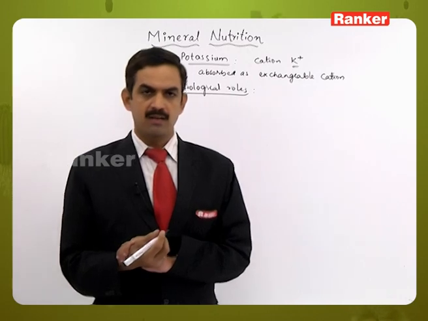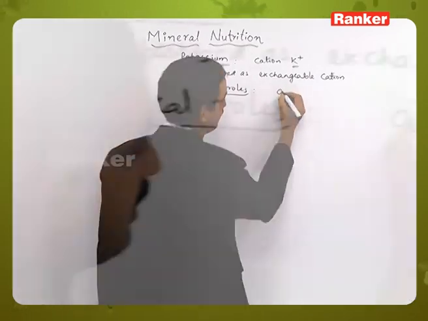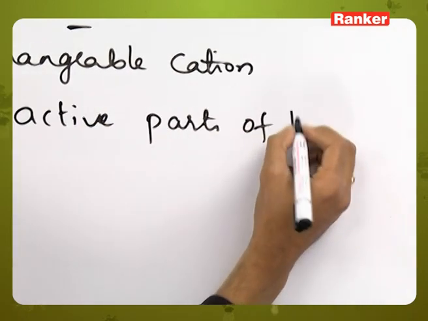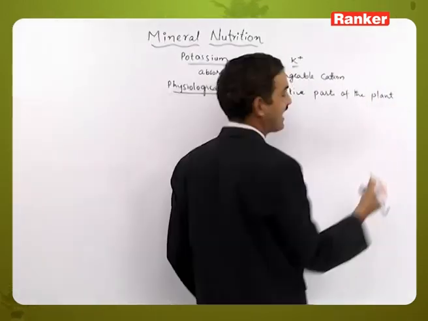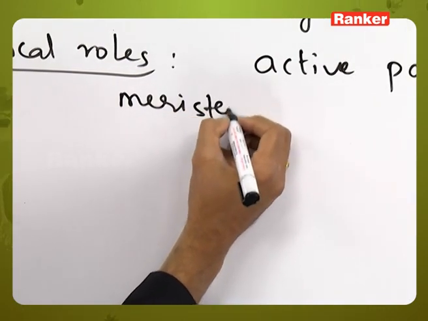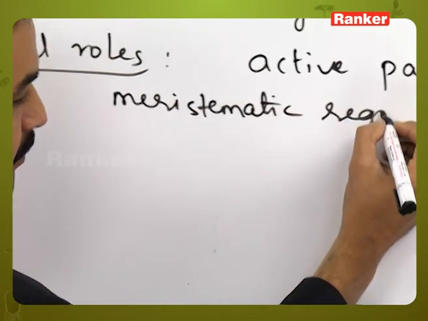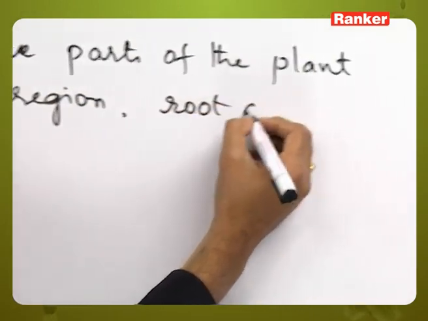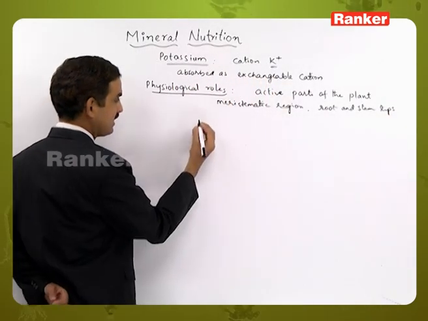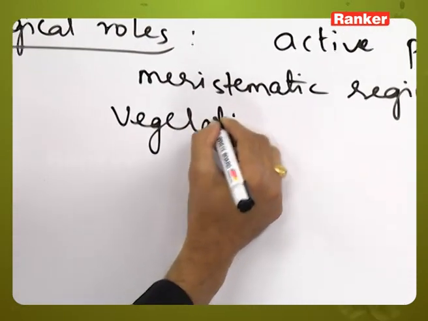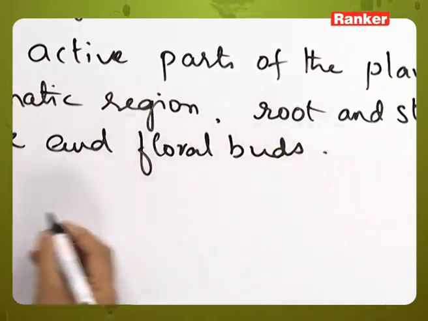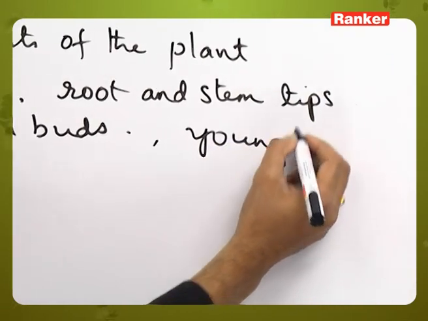Potassium, when it is absorbed, is mostly seen in the active parts of the plant, that is, the metabolically active parts of the plants, like the meristematic region at the root and stem tips, and also in the vegetative buds and floral buds of the plant body, and in the young leaves.